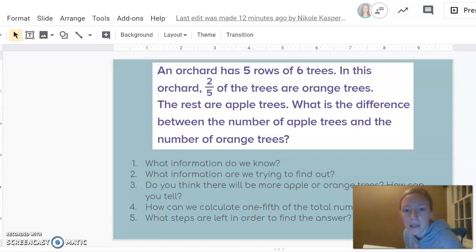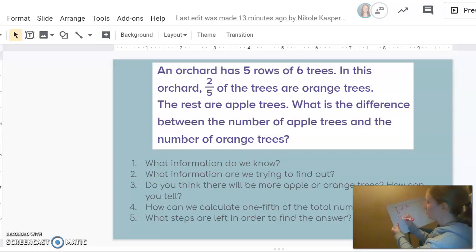Okay, 2/5 of the trees are orange trees. The rest are apple trees. So now I need to figure out, okay, what's 2/5 of 30? Okay, so you can either think of this as multiplication or division. For this instance, because I notice it's not a unit fraction and there's a 2 as a numerator, I'm going to go ahead and do multiplication because that's what's easier for me.